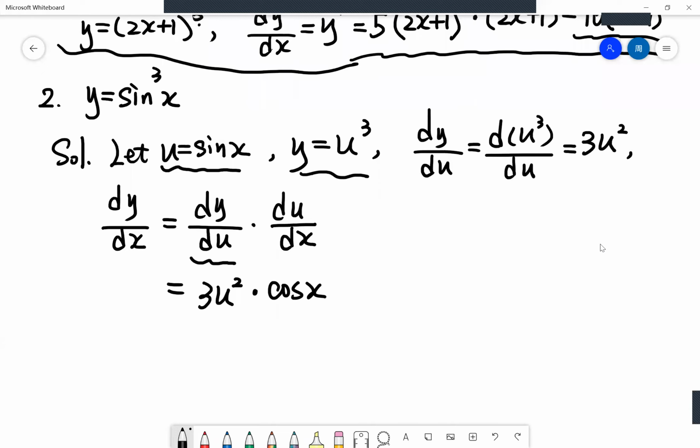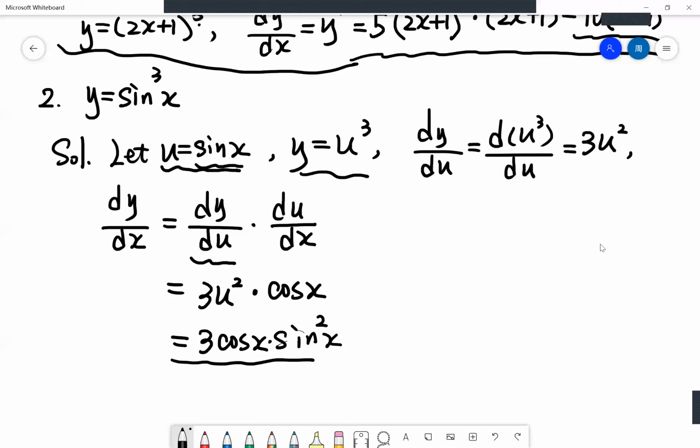So that equals 3 times cosine x times u squared, and u equals sine x, right? So that is sine x squared. So this is the result for the second question: 3 times cosine x times sine x squared.